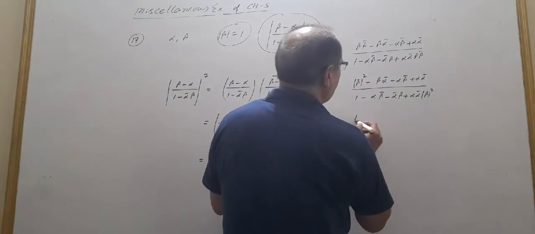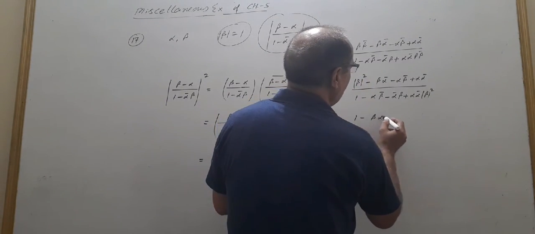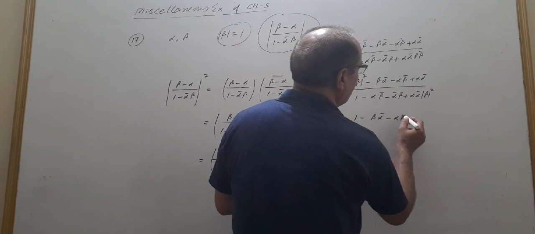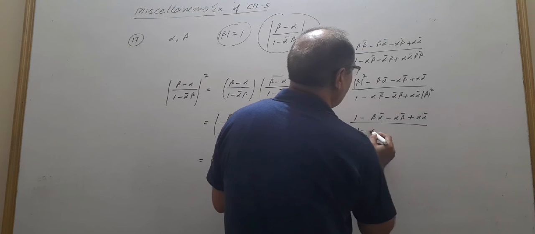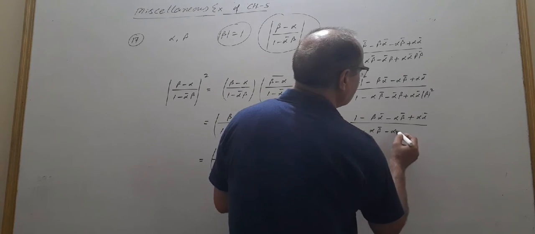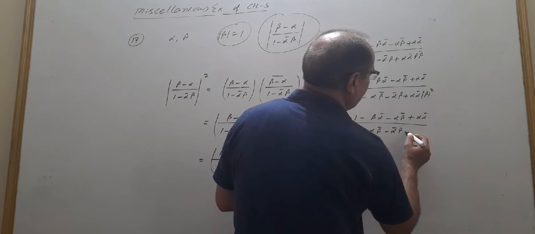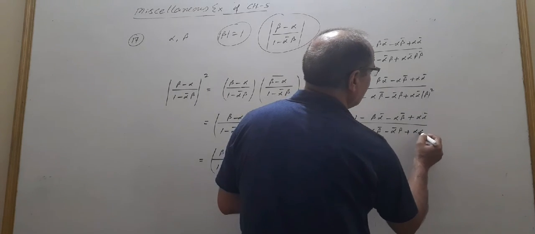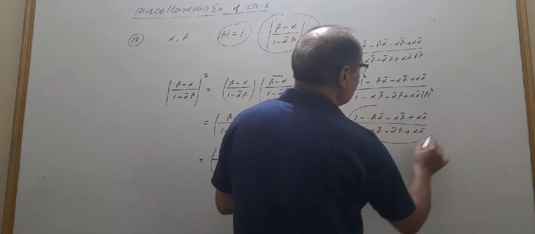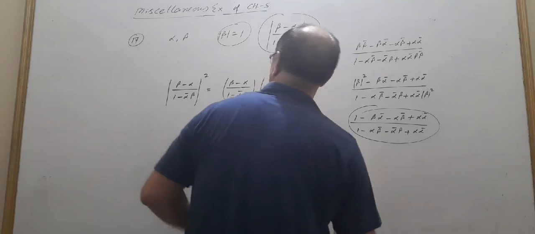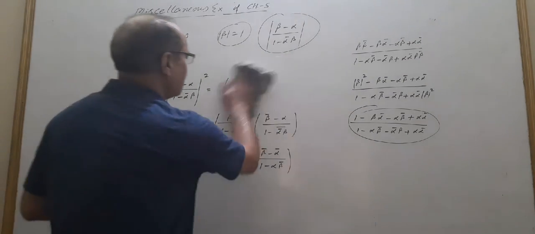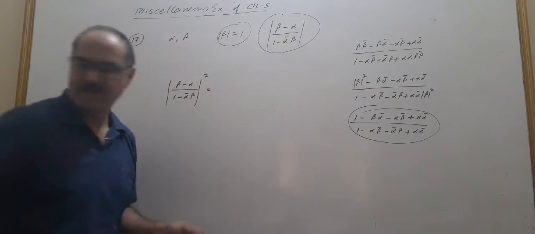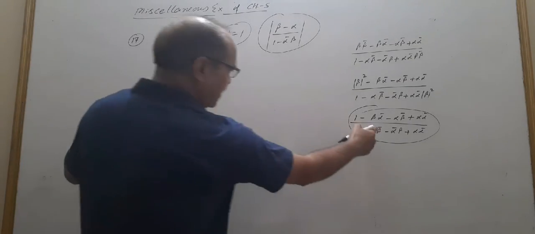So therefore this becomes 1 minus beta alpha bar minus alpha beta bar plus alpha alpha bar upon 1 minus alpha beta bar minus alpha bar beta plus alpha alpha bar, and you can see this whole same thing cancels. So therefore this whole becomes 1. Now this is 1. So therefore we prove that this is equal to 1.